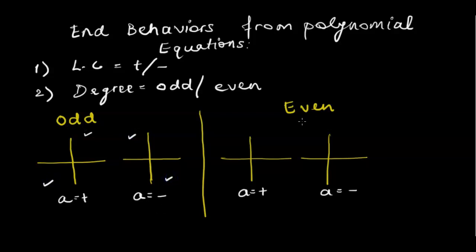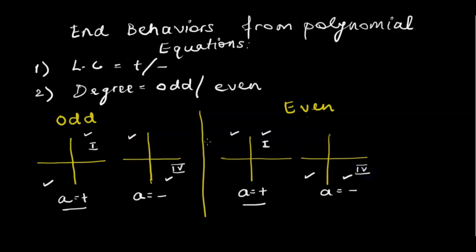If we have an even degree function with a positive, it would lie in the first and the second quadrant. And if we have an even degree function with a negative, it would lie in the third and the fourth quadrant. So always remember, the first quadrant would be part of both odd and even degree functions when a is positive, and the fourth quadrant would be part of both odd and even degree functions when a is negative.